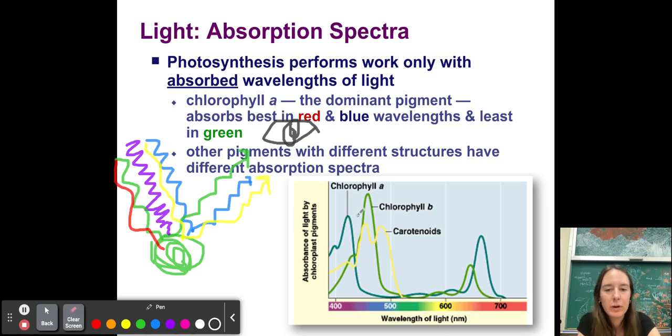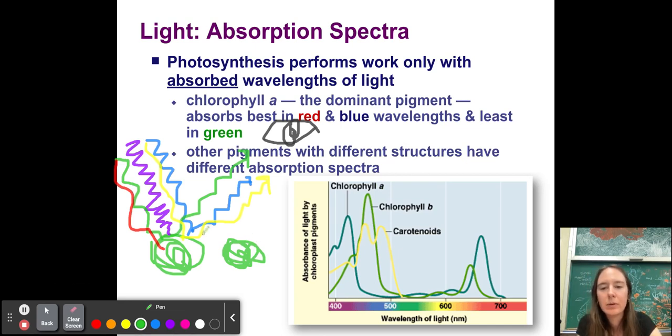Now, this is just one chlorophyll molecule. There are other types of chlorophyll that can absorb different wavelengths. So you'll also have in the plant another chlorophyll molecule over here that is absorbing wavelengths in different parts of the spectrum. If we look at 450 nanometers, the blue wavelengths, those are being absorbed by this pigment molecule here.